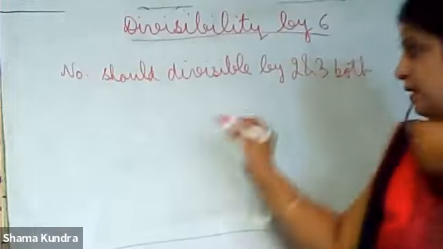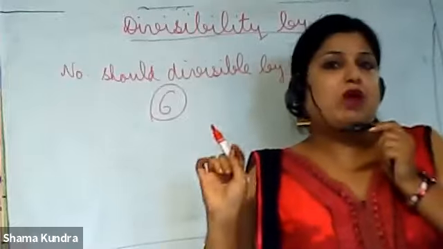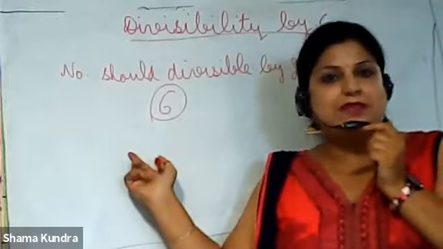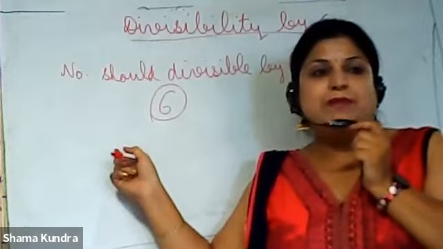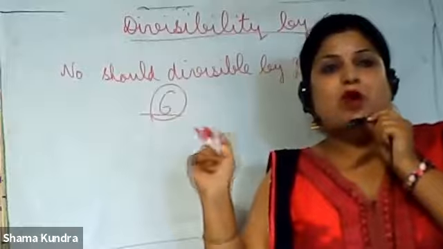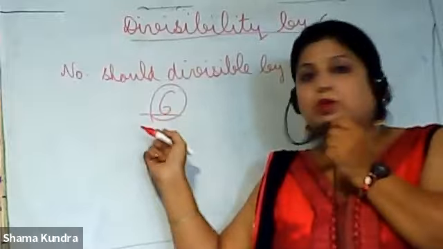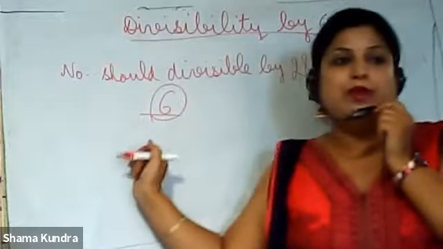Only then we can say the number is divisible by 6. For example, if I take the number 6, first of all, check whether this number is divisible by 2. You know the divisibility rule for 2: the unit digit must be 0 or divisible by 2. And 6 is divisible by 2. So this number is divisible by 2.